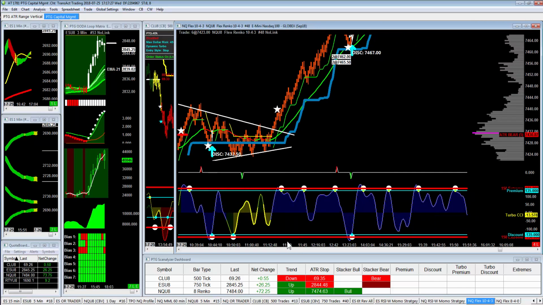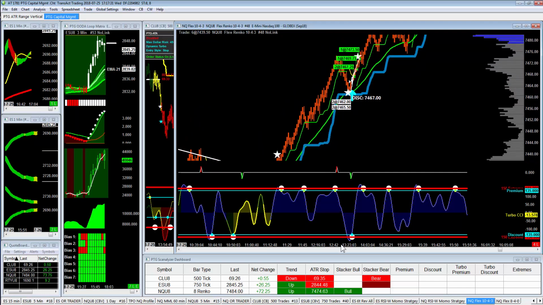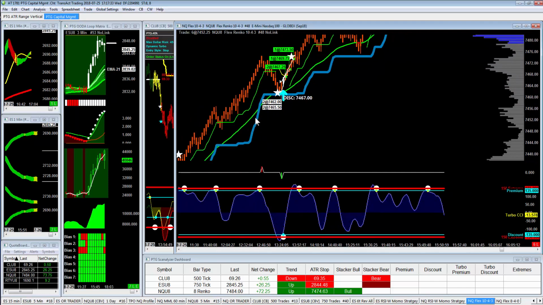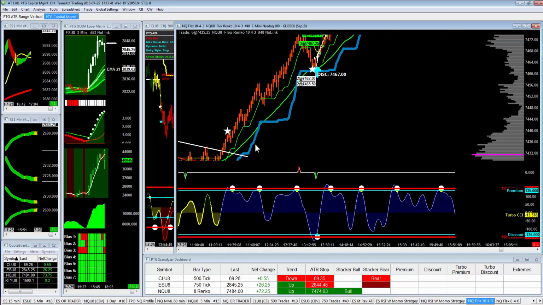So once the price has broken out, what's our objective? Our objective is obviously to get on board as early as we can, but the NQ is S&P plus on steroids, and it can move fairly quickly. You can see potential opportunities, although they're not necessarily discounts in this case because the momentum was so strong.